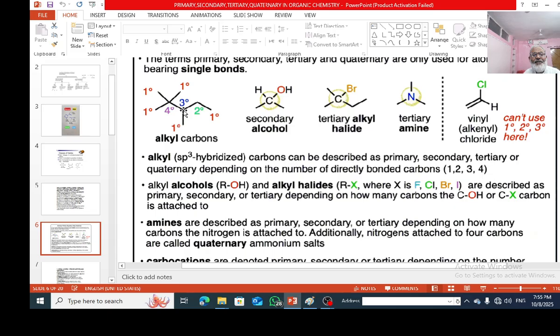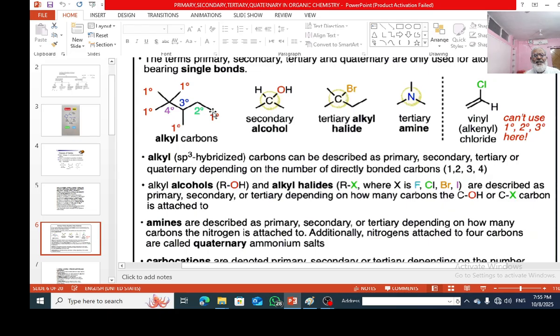In NEET examination and competitions, these types of structures are often asked. They label 1, 2, 3, 4 and ask different types of questions. If the carbon is bonded to only 1 carbon, then this is primary. As you are looking, this carbon is bonded to this carbon only.